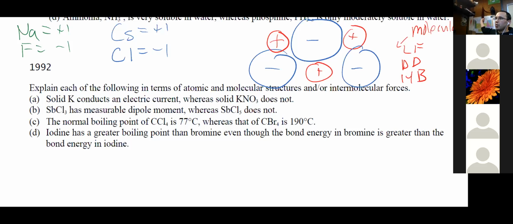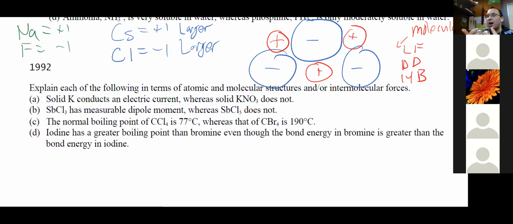Our atomic size increases to the left and increases going down. So our cesium is going to be larger than our sodium. So this one's larger. And who's larger, fluorine or chlorine? Chlorine.